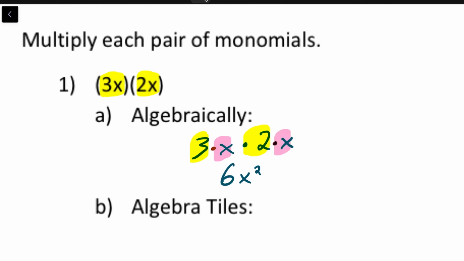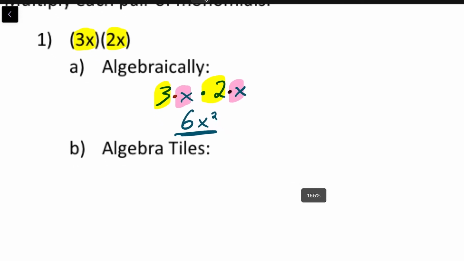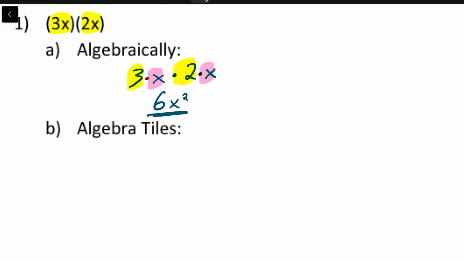So that's all you have to do here. You have to see it not as 3x times 2x, it's 3 times x times 2 times x. And then you can multiply the 2 and the 3 together to get 6, and the x and another x together to get x squared, and you're done. You have your final answer. It's just that easy. Let's see if we can visualize this in a different way using algebra tiles.